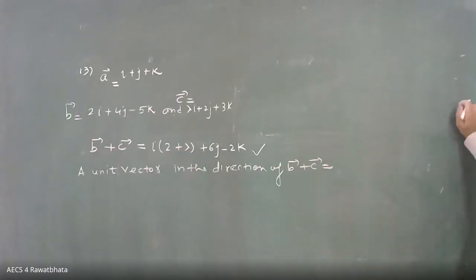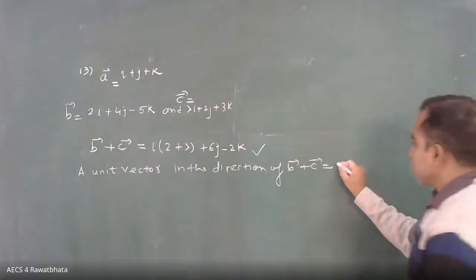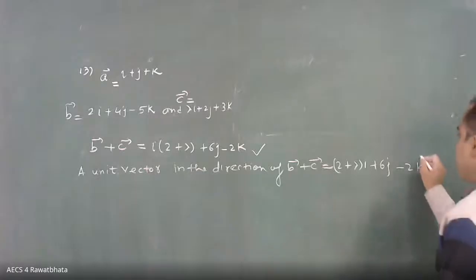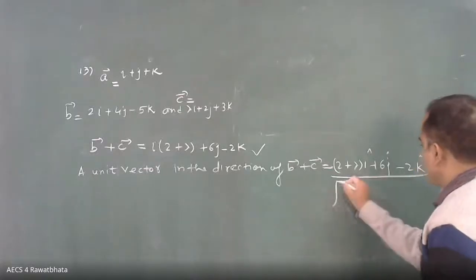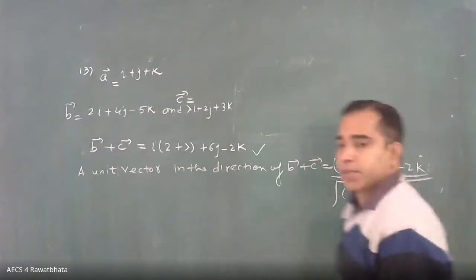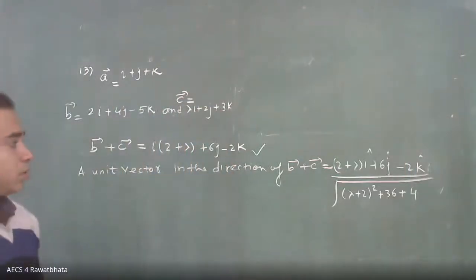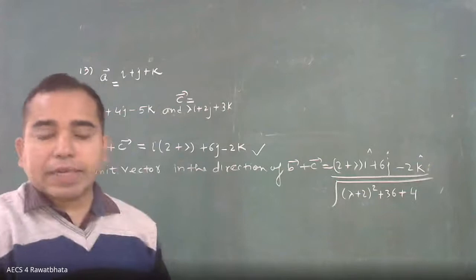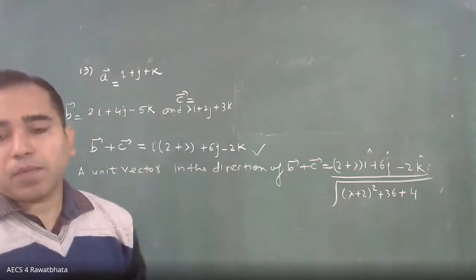You are right. (2 plus lambda) i cap plus 6j cap minus 2k cap, upon under root of (2 plus lambda) whole square plus 36 plus 4. This is all I wanted to know. Hardik Chauhan, did you understand how to find the unit vector? Say yes or no.